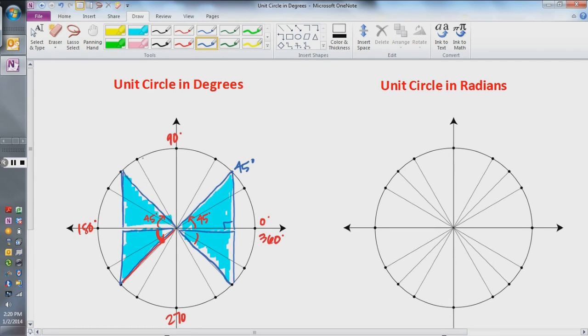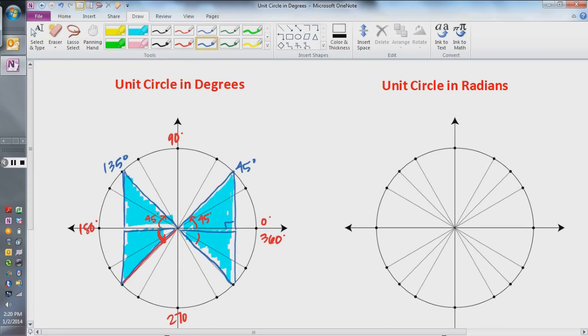Here I'm 45 degrees short of the 180. That's going to put me at 135 degrees. I'm 45 degrees past 180. That puts me at 225 degrees. I'm 45 degrees short of 360. That's going to be 315 degrees.